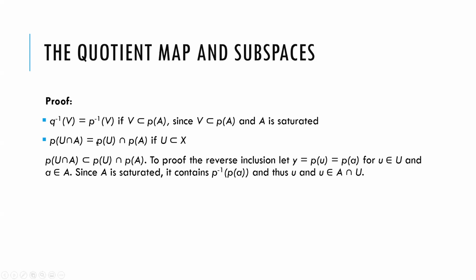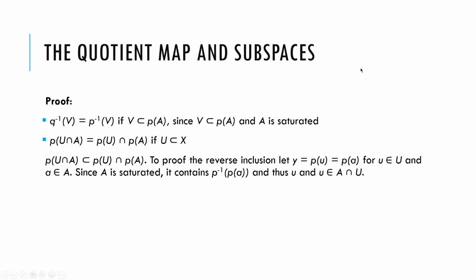The second equation which we have to prove is that if U is a subset of X, then P of U intersecting A equals the intersection of P of U and P of A. We know that P of the intersection of U and A is a subset of the intersection of P of U and P of A.